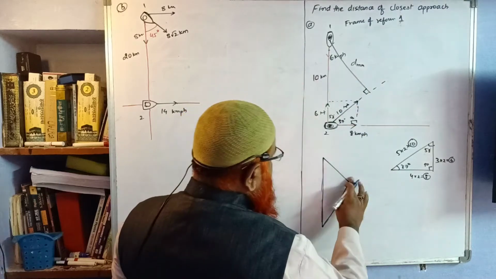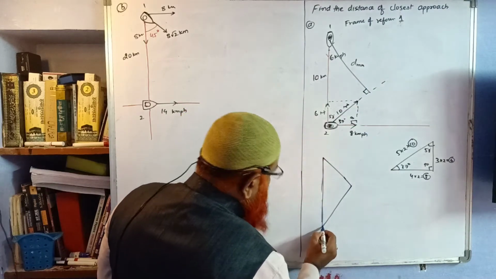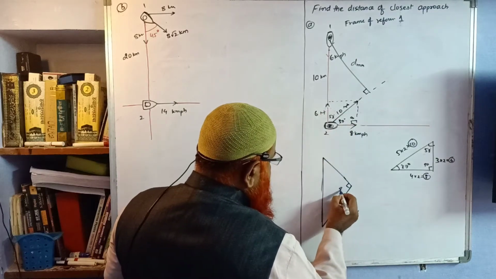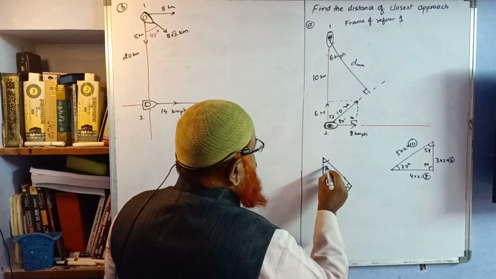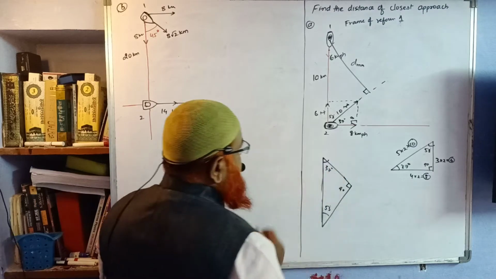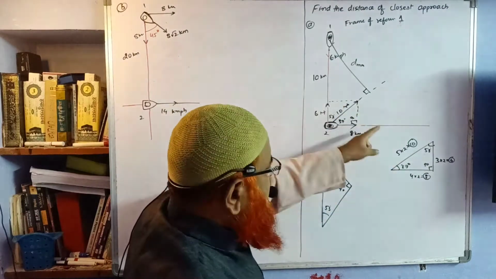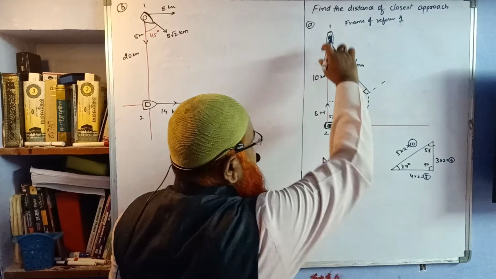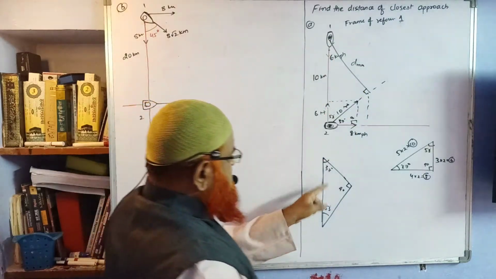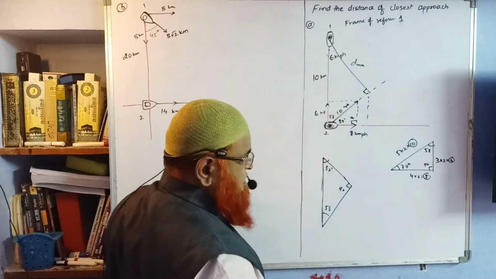So this is 90 degrees, this is 53 degrees, and this is definitely going to be 37 degrees, according to this triangle also. This triangle is formed here and this triangle is formed over here. So this is 53, and this is 90, which means this is definitely 37 here.